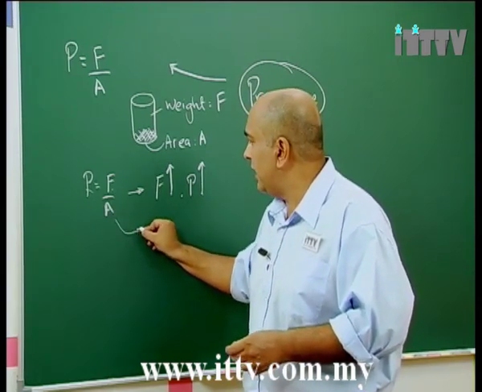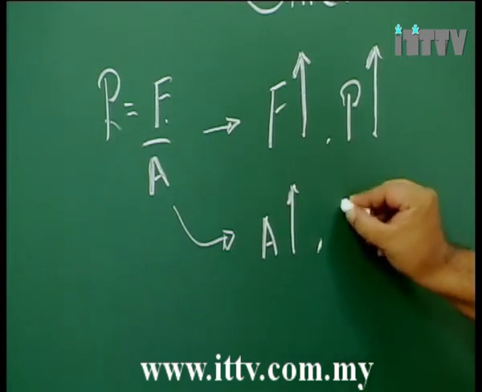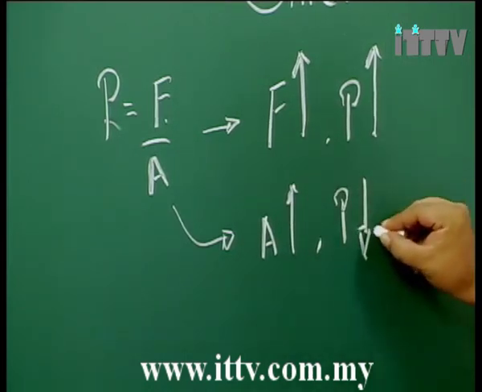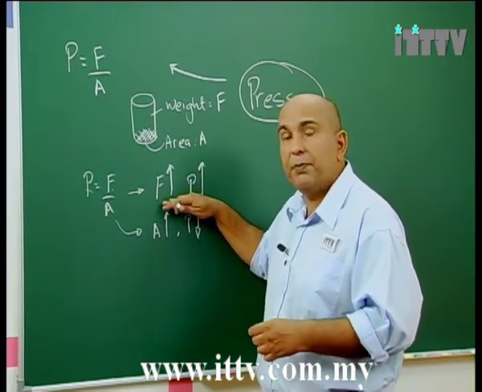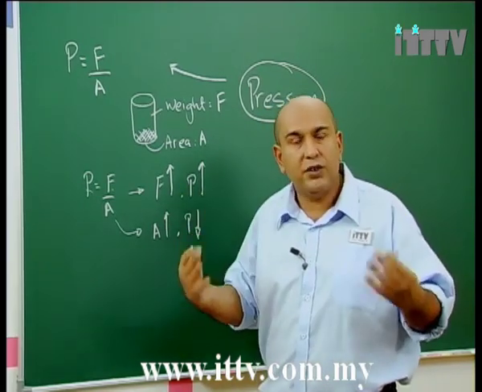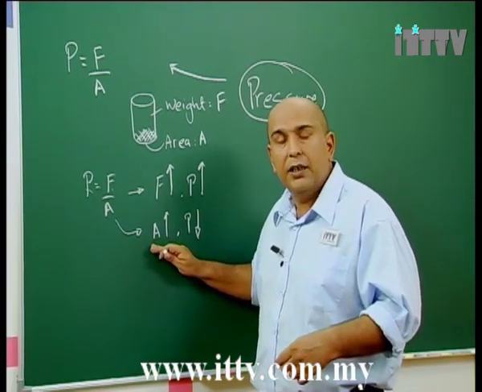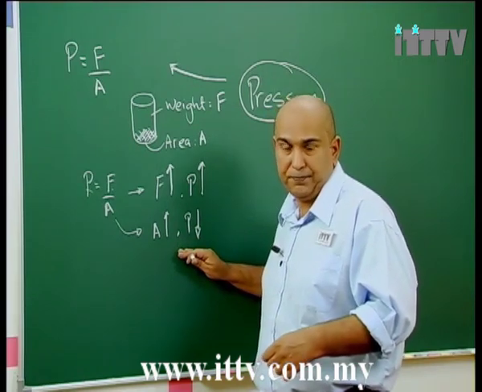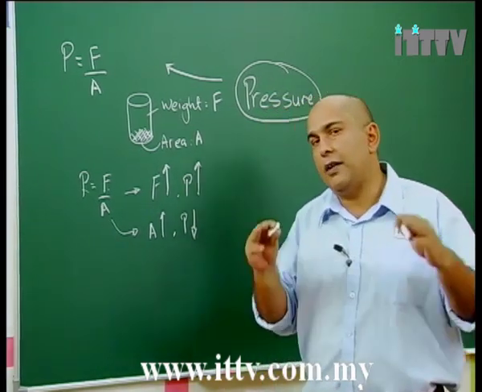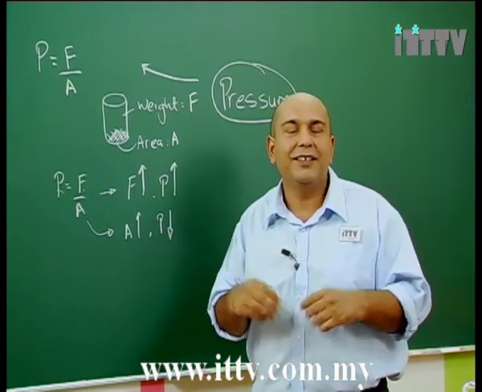What we get here is, if the area increases, the pressure decreases. So remember, force and pressure are directly proportional. The bigger the force, the bigger the pressure. Secondly, the area, the larger the area, the smaller the pressure. Now let's have a look at one of the coolest things that was ever invented, the thumbtack.